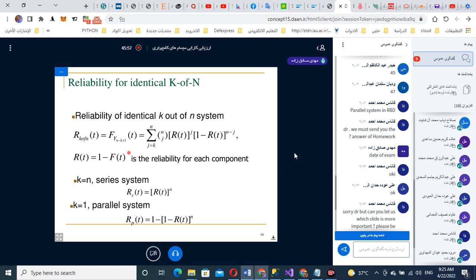But if k equal 1, summation j equal 1 to n, combination 1 from n, R(t) exponent j, (1 minus R(t)) exponent n minus j. That is 1 minus (1 minus R(t)) exponent n. That's parallel.